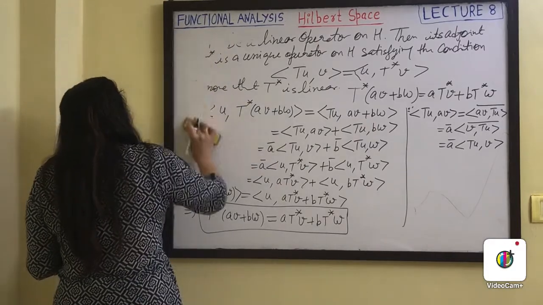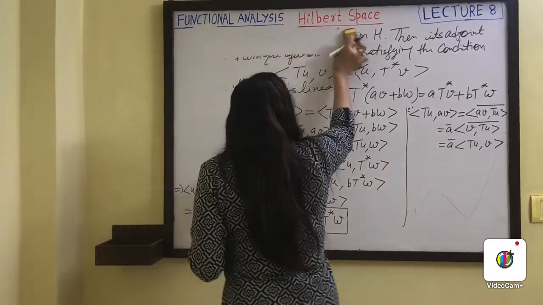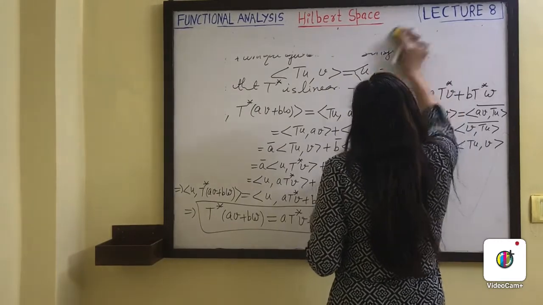And now let's find the angle between two vectors on a Hilbert space.